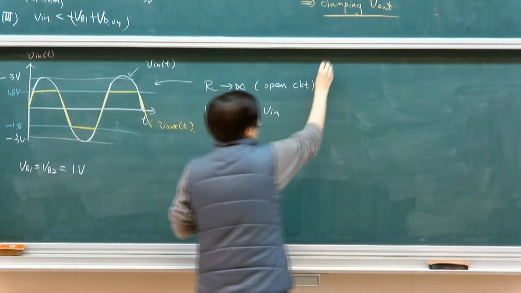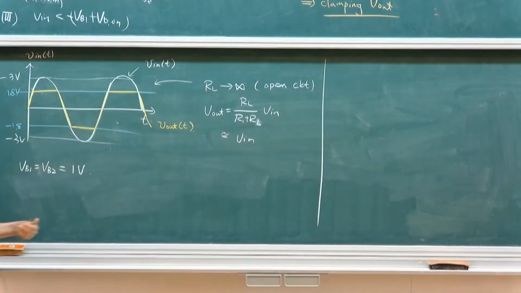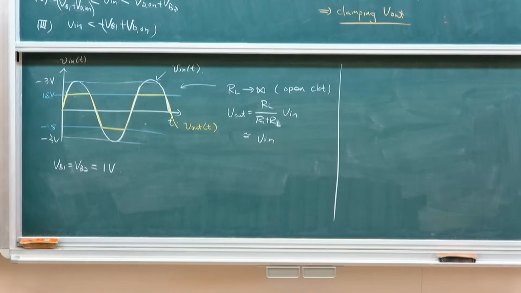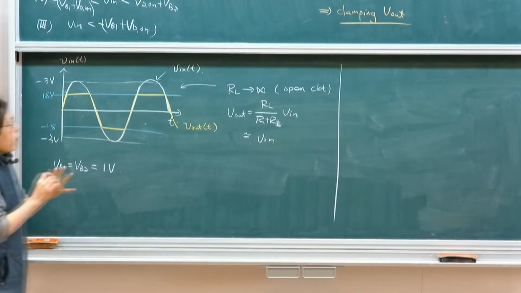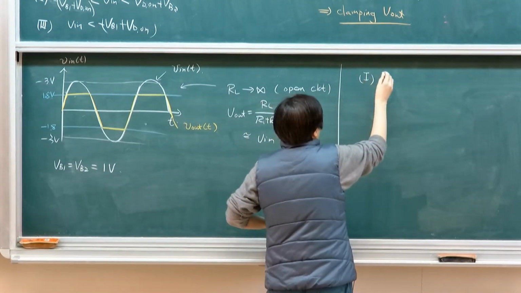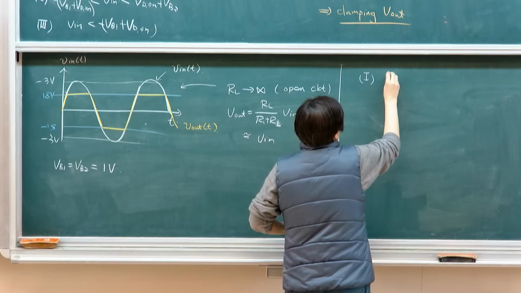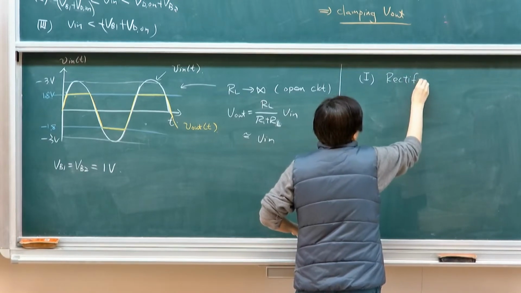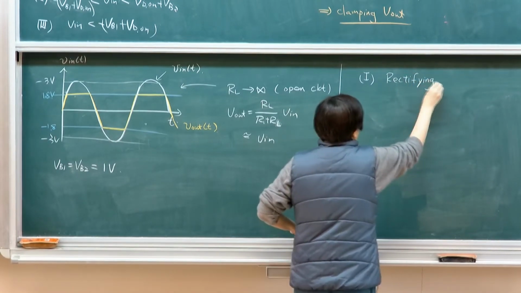If you look through these examples, you will see that a diode exhibits a certain kind of feature which is very suitable in delivering a certain type of function that we want. One is, of course, the next thing we're going to talk about: we want to use the rectifying characteristic.